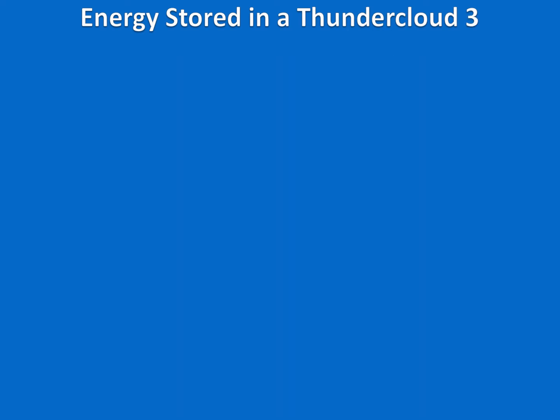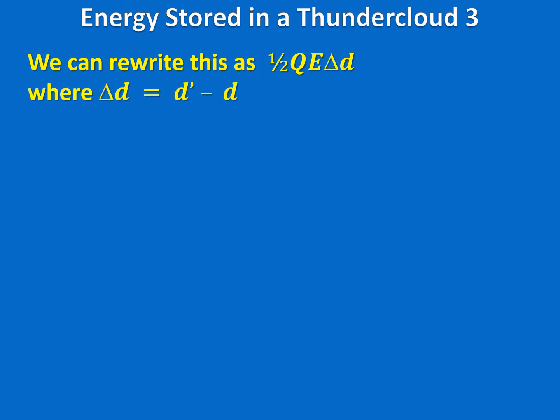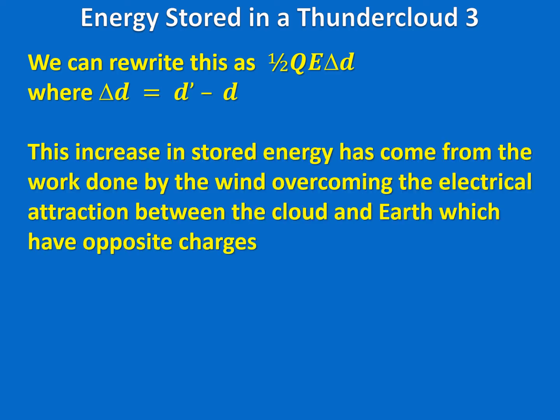If there's a change in position, we can write the change in height as delta d. So moving from one position to the other, the energy stored is half QE delta d, where the change in distance is moving from d dashed to d. So finding the difference between the two.